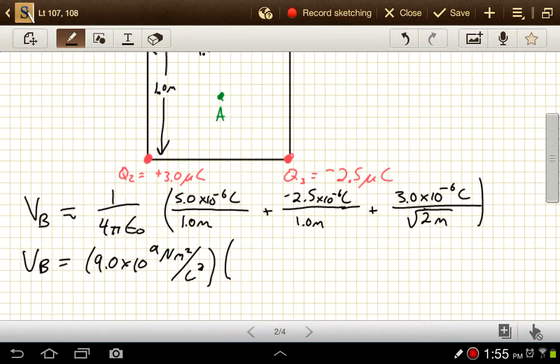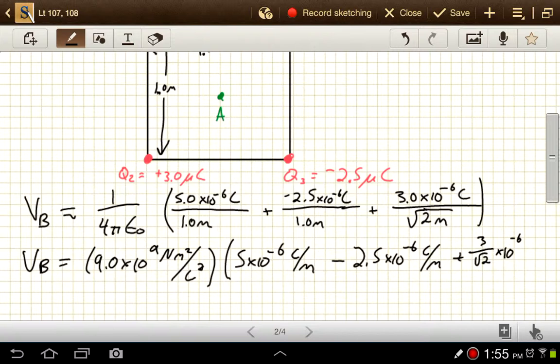Okay, and then over here, we've got 5 times 10 to the negative 6 divided by 1, so that'll be 5 times 10 to the negative 6th coulombs per meter, minus 2.5 times 10 to the negative 6th coulombs per meter, plus 3 divided by the square root of 2 times 10 to the negative 6th coulombs per meter.